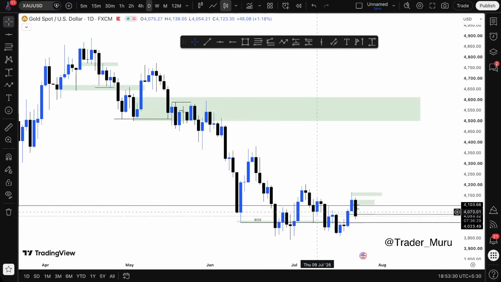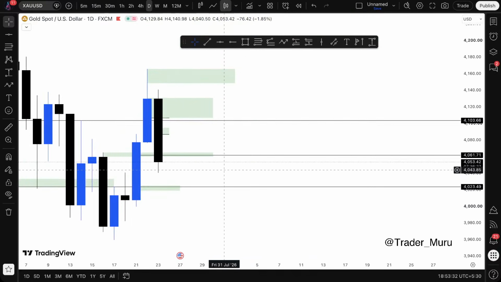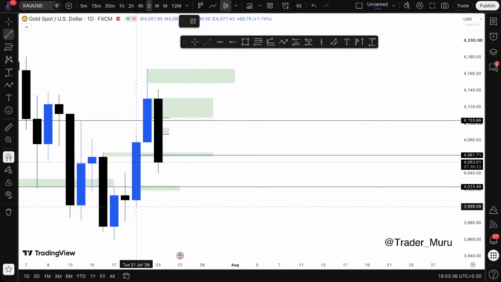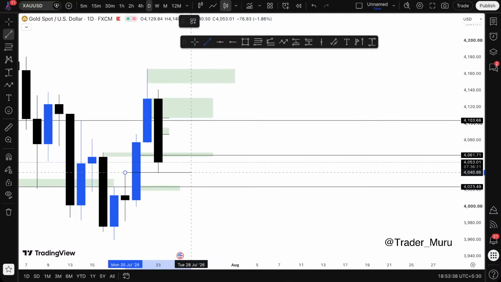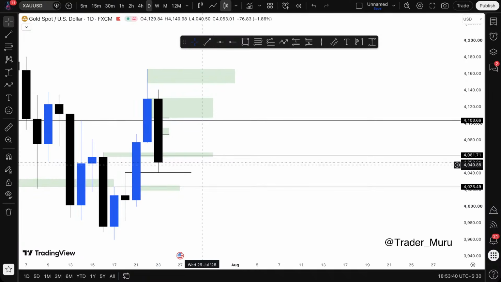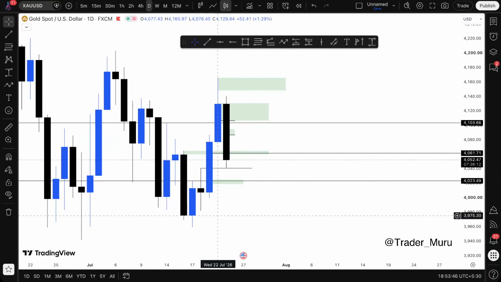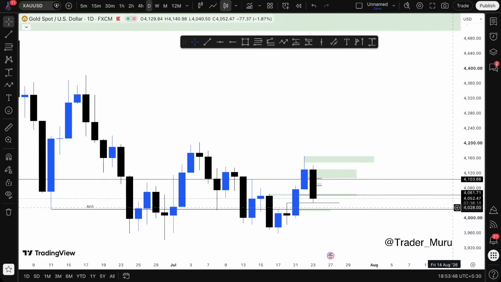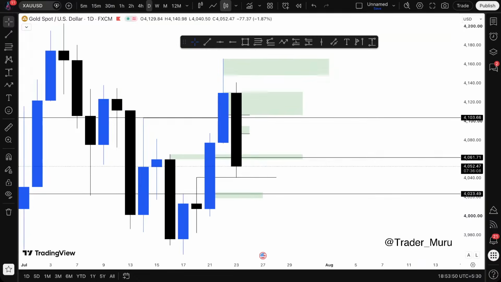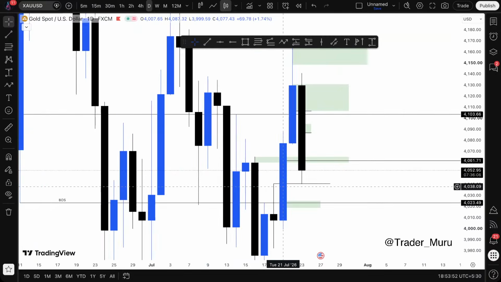Forever, and we have 1 day time frame order block hit. It has not tapped our most preferred area, but order block is already hit. That's why this bounce is here.